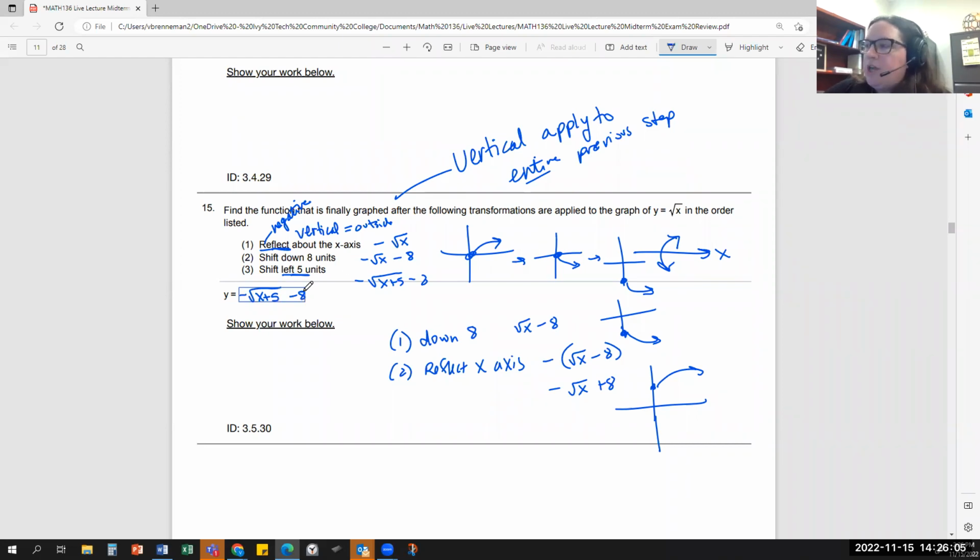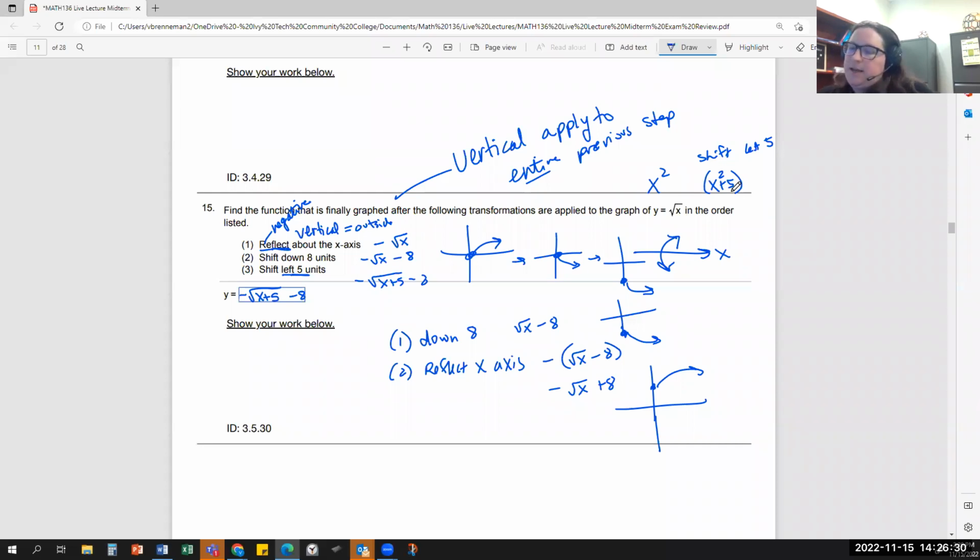Transformations are never going to change the base function. So this is a square root. It's got to be a square root. It's not going to turn into a square or a cube or some other thing. Inside, if you have x squared, let's say it's shifted left 5, sometimes you'll see something like this. That's not putting the 5 inside.